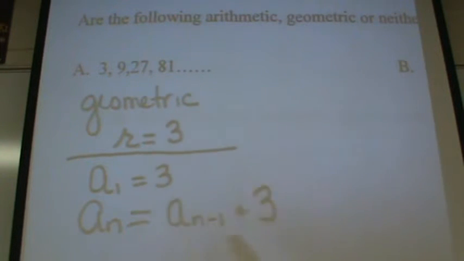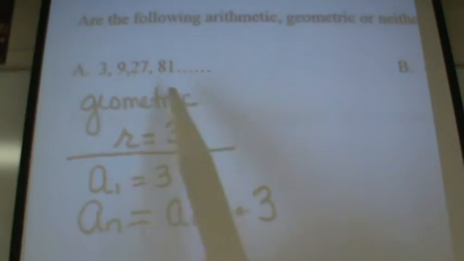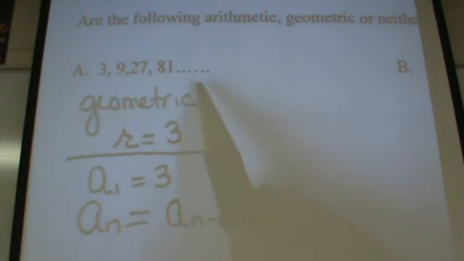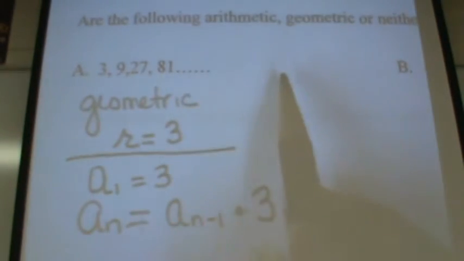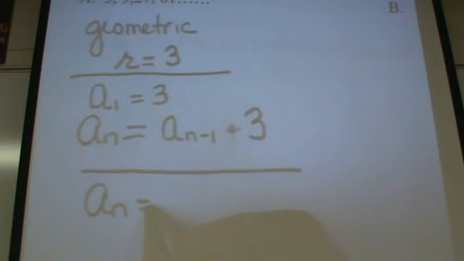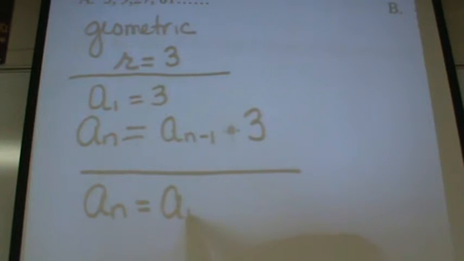So what do you know about this recursive formula? It's good for if you want the 4th, the 5th, the 6th term. All you have to do is multiply 81 by 3, you get 243, then you do 243 times 3, you get the next term, and so forth. Well, what's the explicit formula? Do you guys remember it? The explicit formula is you take the first term, and you multiply it by r to the n minus 1.